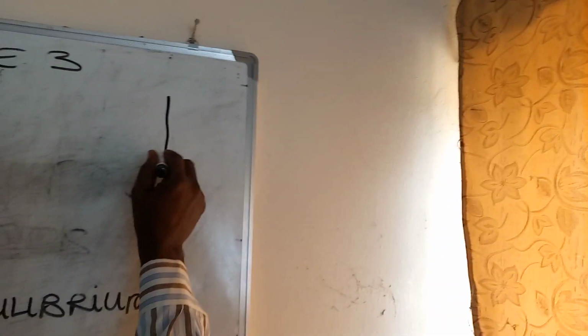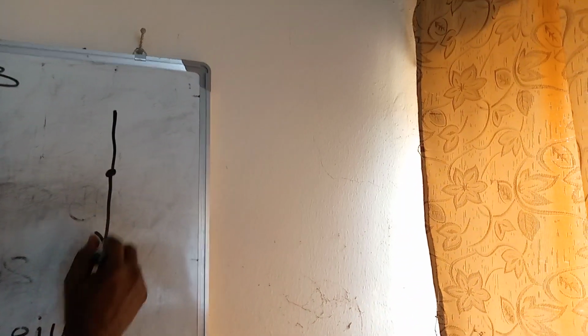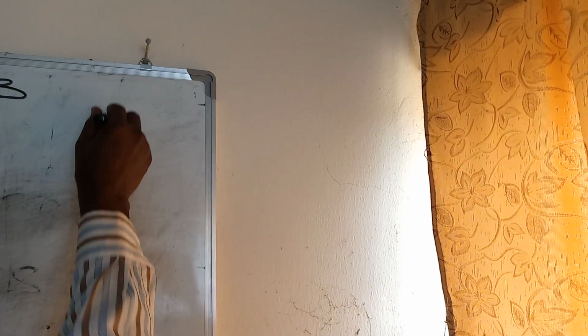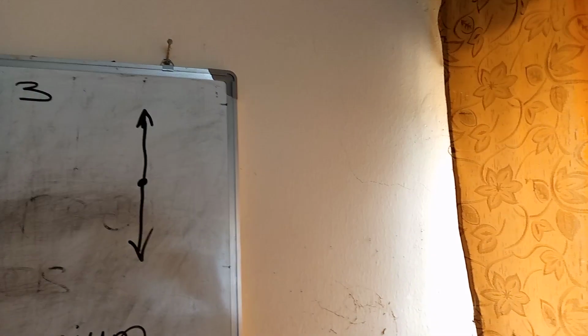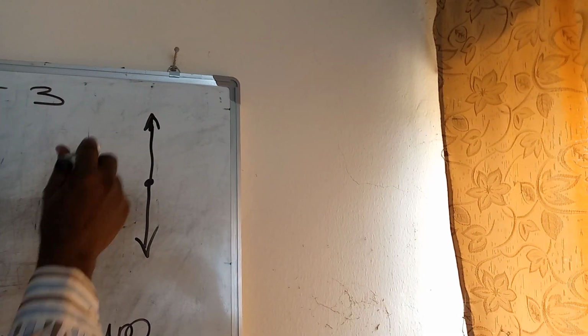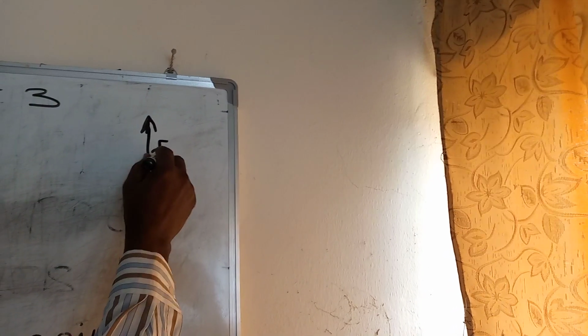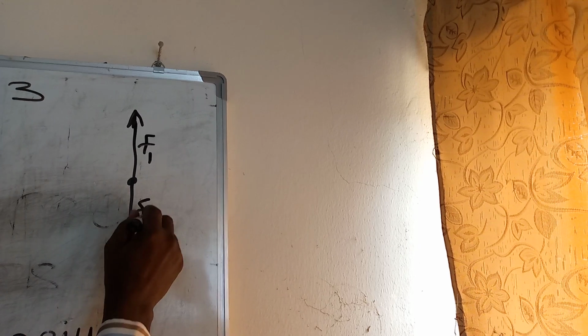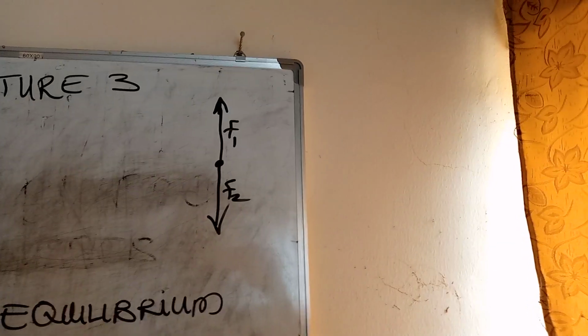There is a force pulling down, and another force pulling up. If this does not move, that means the two forces, F1 and F2, are equal in different directions. The two forces remain in equilibrium.